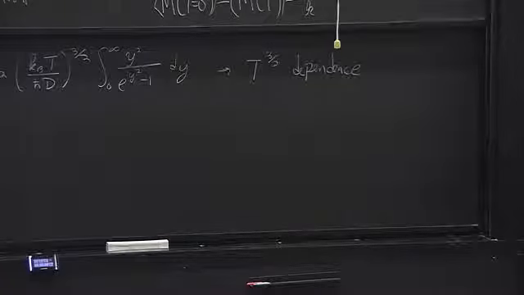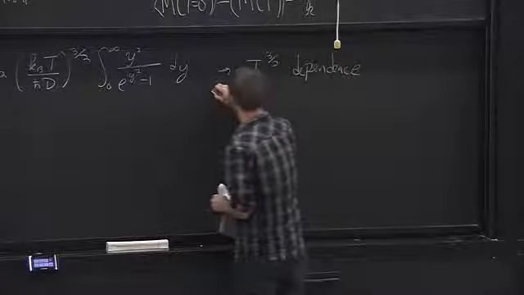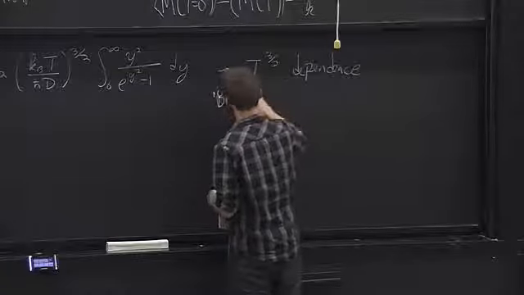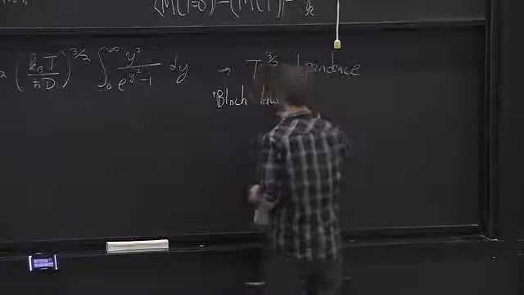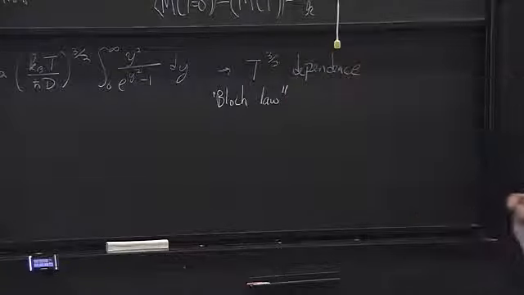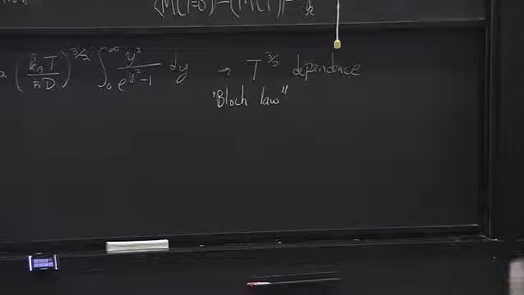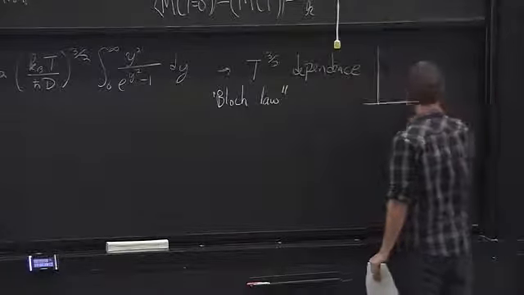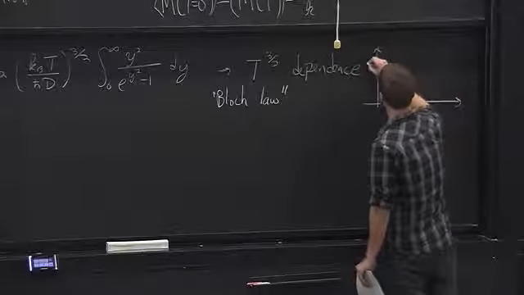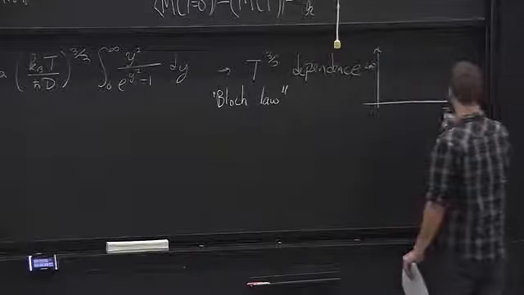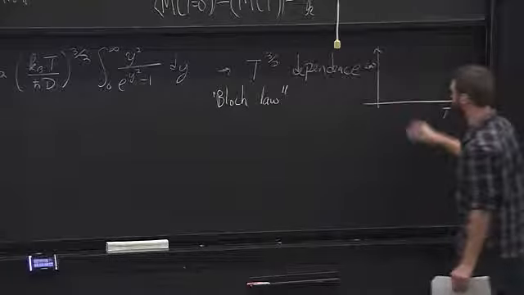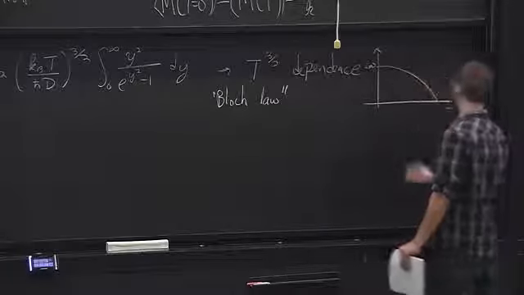So that's the famous Bloch law, or the Bloch T^3/2 law, it's sometimes called. And it's basically the classical law for the decrease in the magnetization. Okay, so if you're measuring the magnetization as a function of temperature, it's something like that.